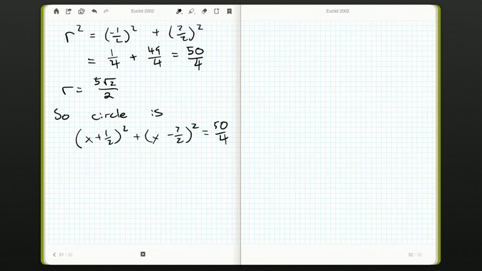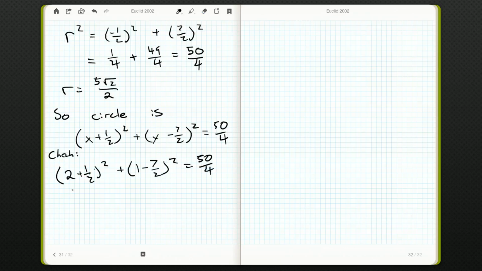All right. Now let's make sure that this works. So obviously 0, 0 is going to work. That's the equation we just used. But we'll check the other points. So we'll check 2 plus 1/2 squared plus 1 minus 7 halves squared equals 50/4.